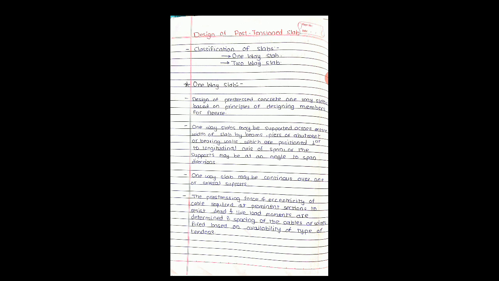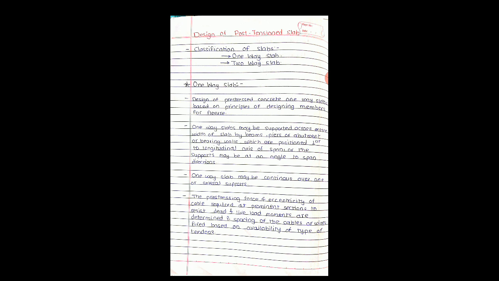And then we'll calculate the spacing of the cables, or number of wires or tendons required, and accordingly provide the pre-stressing. So this is the basic idea behind the design of one-way slab.